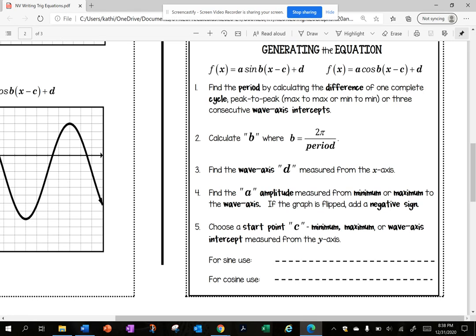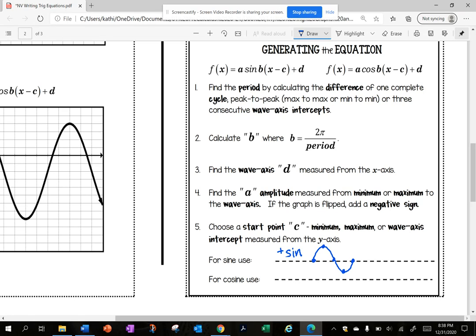Okay, my C parameter is what determines if I have a sine wave or a cosine wave, and whether that sine wave is positive or negative, or that cosine is positive or negative. So for a positive sine wave, I am going to start on the wave axis, go to a maximum, go down to the minimum, and come back to the wave axis.